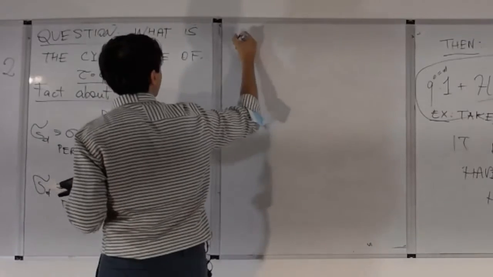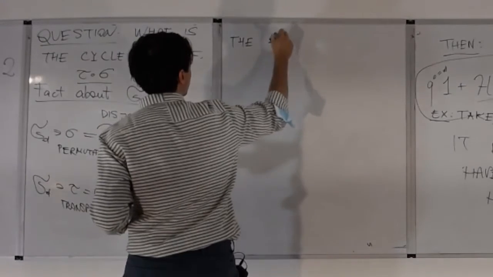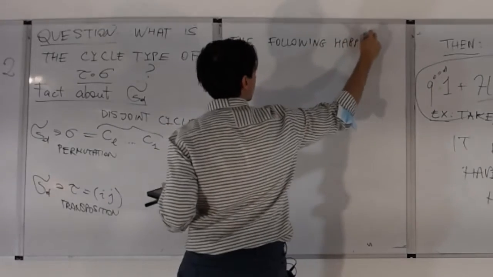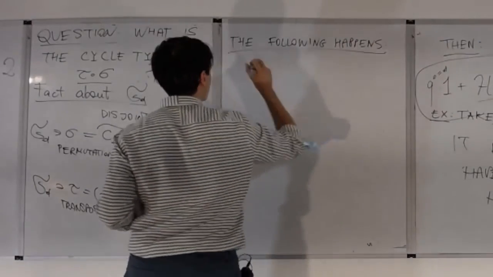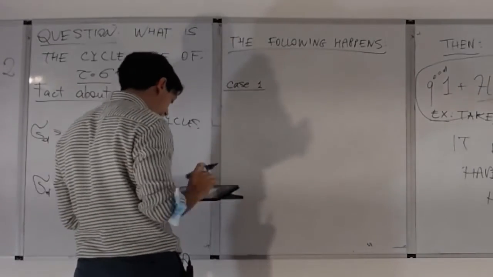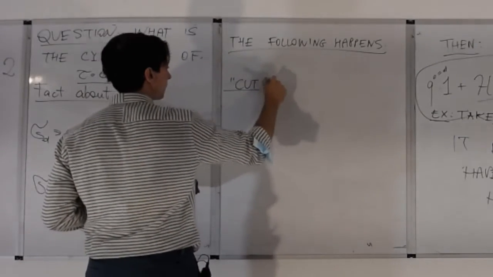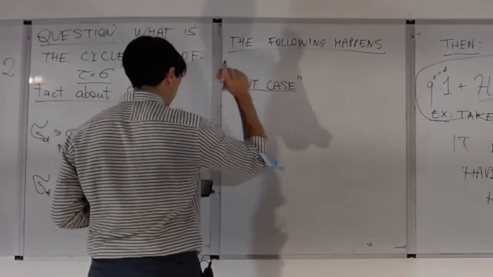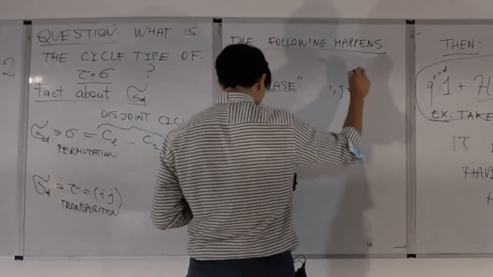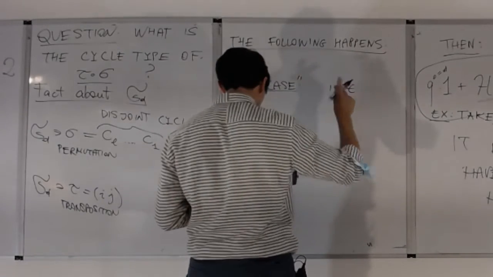So what happens is the following. Case 1, which I will call the cut case, by the way. The cut case is when i and j both belong to the same cycle C_n.